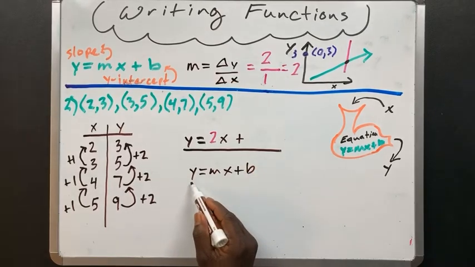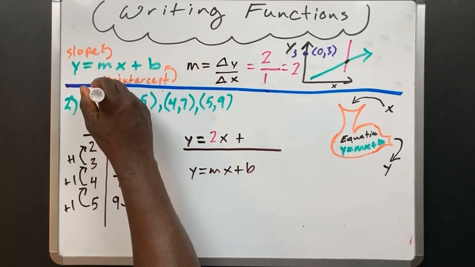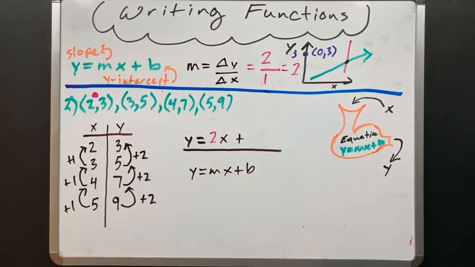We're going to substitute y and x and the slope and find out what b is. We're going to pick a point or coordinate. I'll put a dot here to show that I'm going to pick those x and y values to substitute in here.